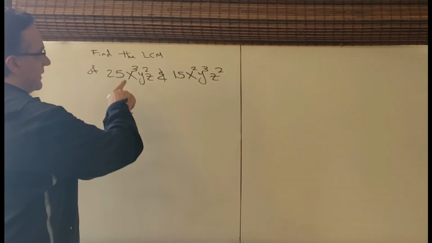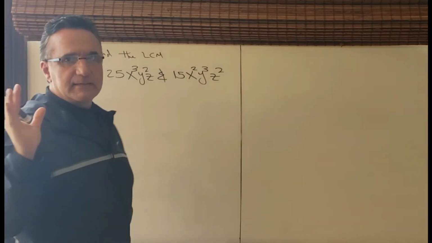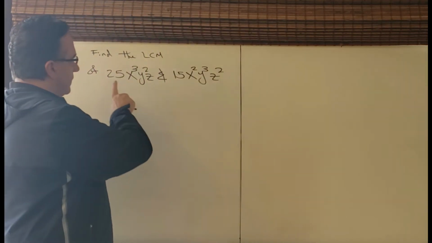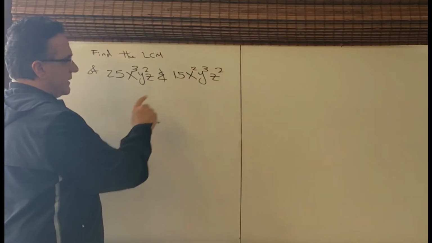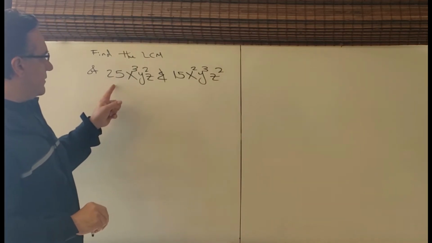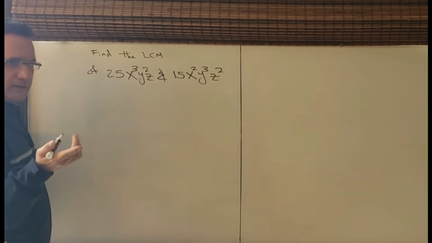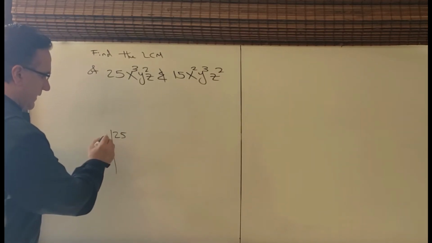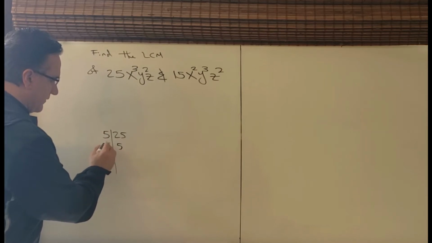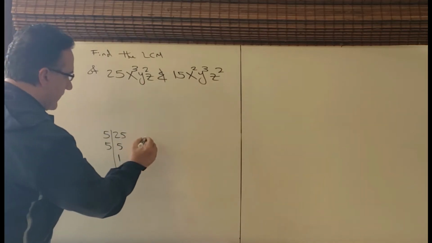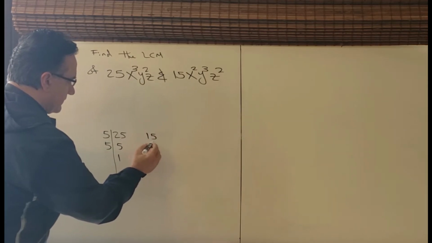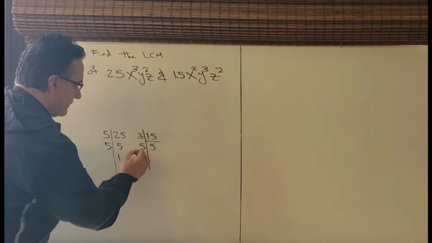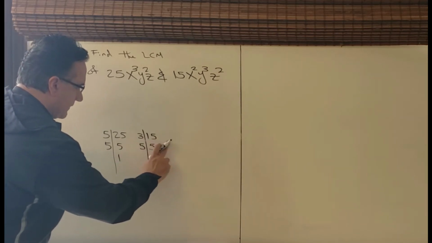Okay, so when it comes to the variables in this case, that's the easy part. They're already written in factored form, prime factored form. So the only thing we need to worry about is the numbers. So we first find the least common multiple of 25 and 15. To do that, we go ahead and find the prime factorization of 25, which gives us 5, 5, 1, and the prime factorization of 15, which is 3, 5, 1.